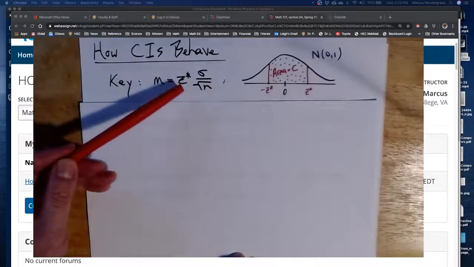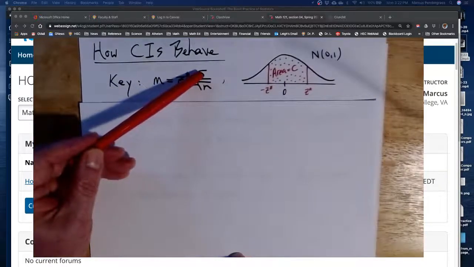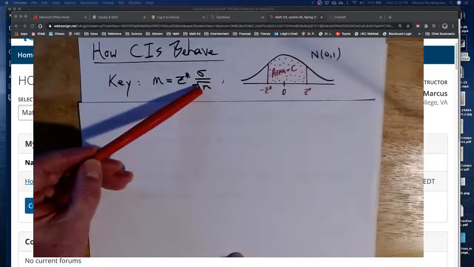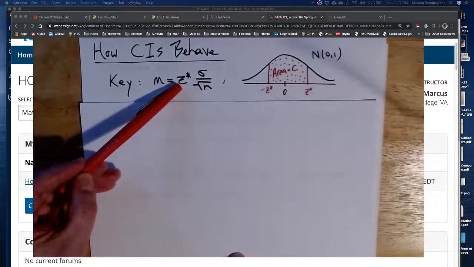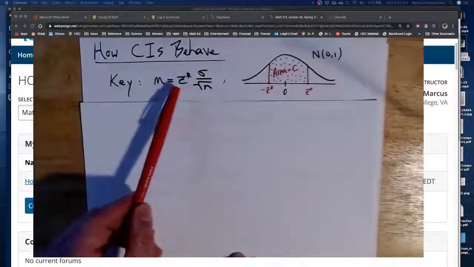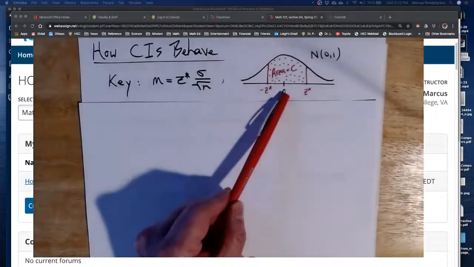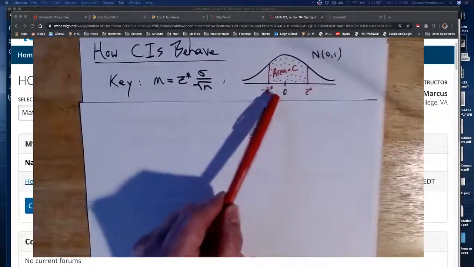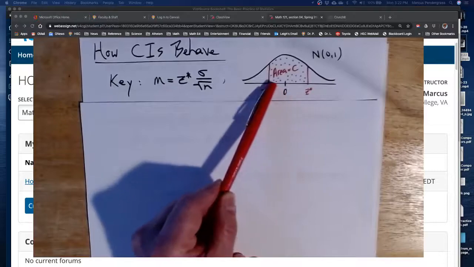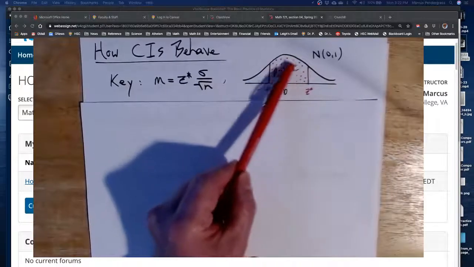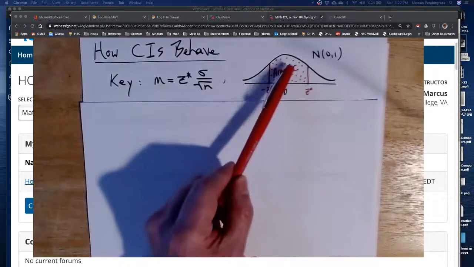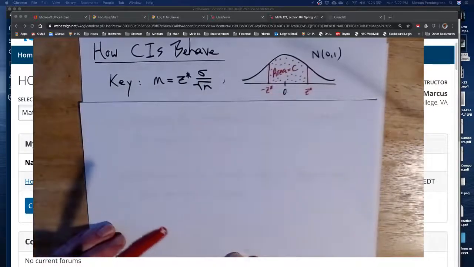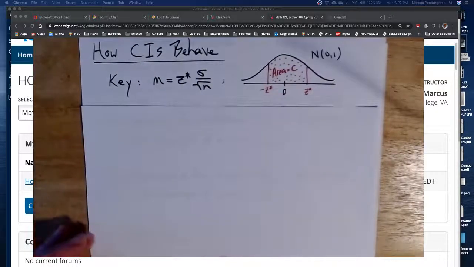It's a function of z star, your standard deviation, and your sample size. And as far as z star goes, there's really not a formula to keep in mind. You really want to keep this picture in mind. Z star is the upper bound of that middle area in the standard normal distribution, where the area we're talking about is the confidence level you want.